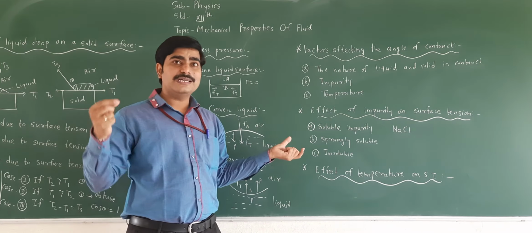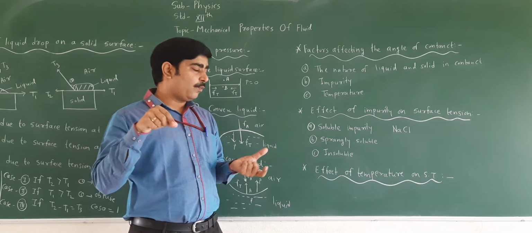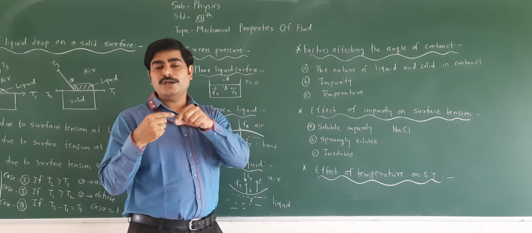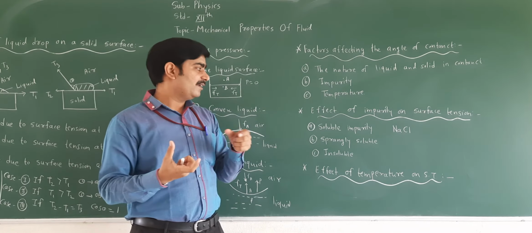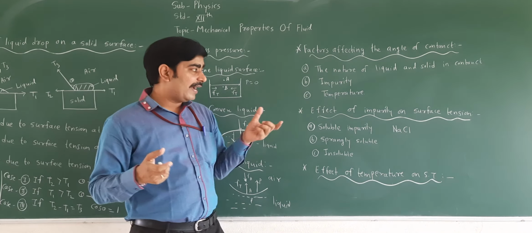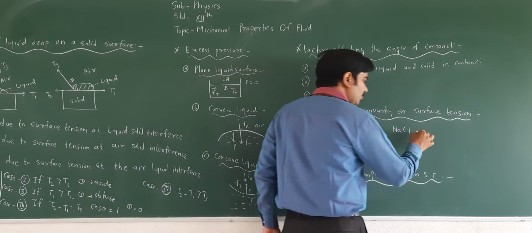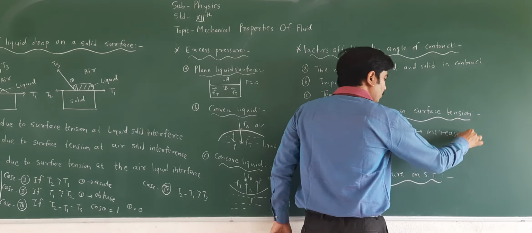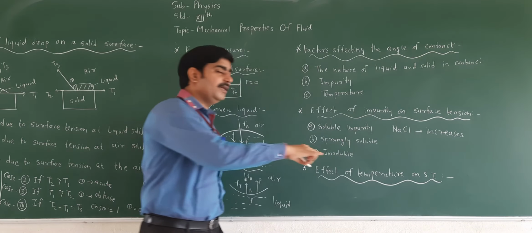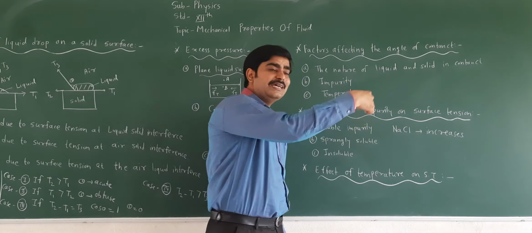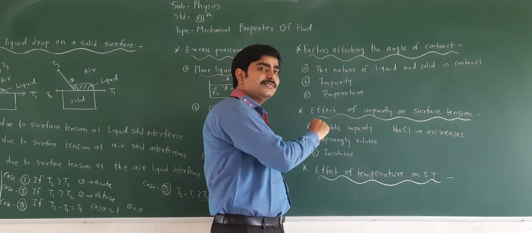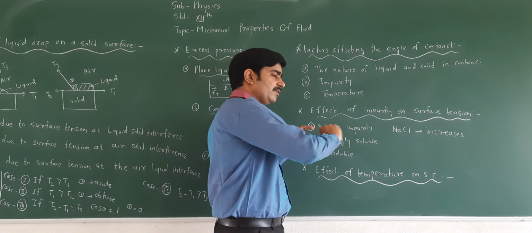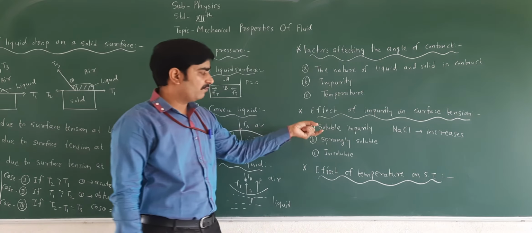When the salt is added in the water, it will be completely dissolved in the water. At that time, surface tension increases. So when a soluble material like common salt is added in the water, surface tension increases. In a single sentence, you have to write the first point.